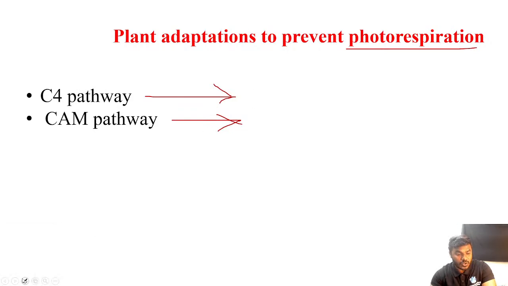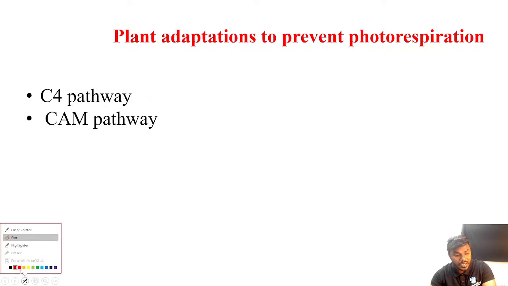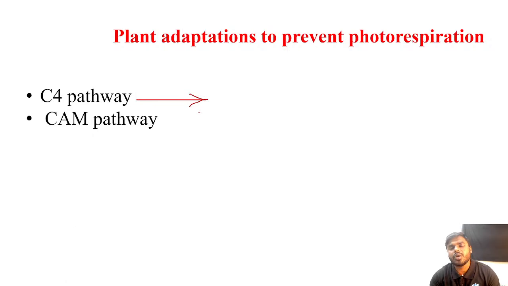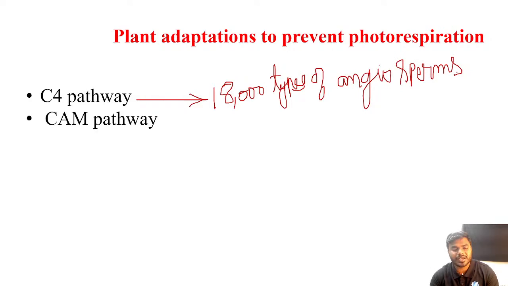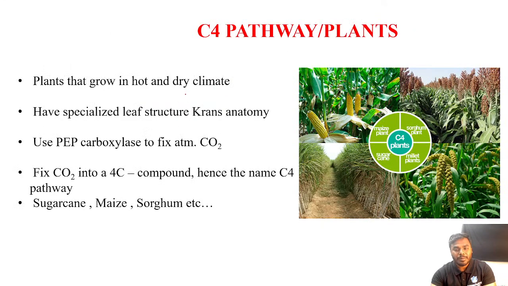And first, let's talk about the C4 pathway. So friends, the C4 pathway can be shown by what kind of plants? I want every student to remember, my friends, more than 18,000 types of angiosperms basically follow this C4 pathway, especially monocots.